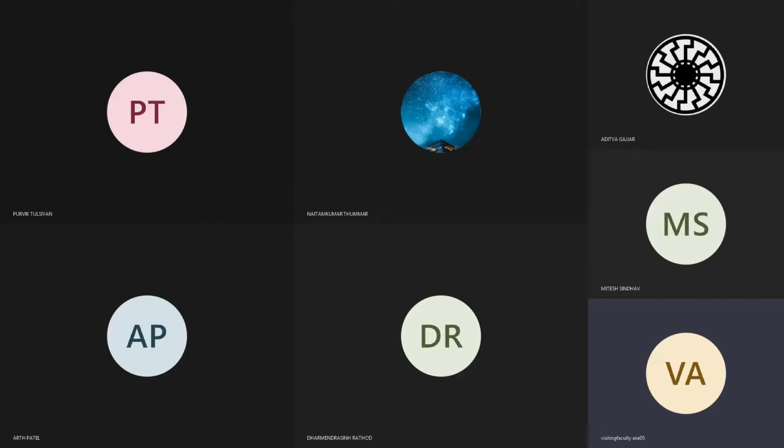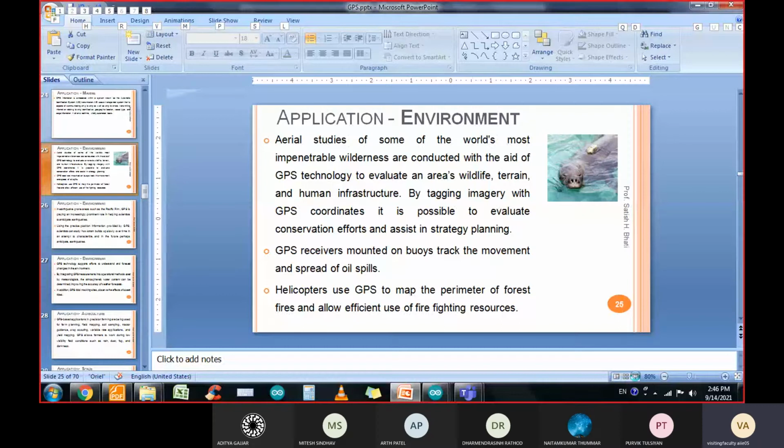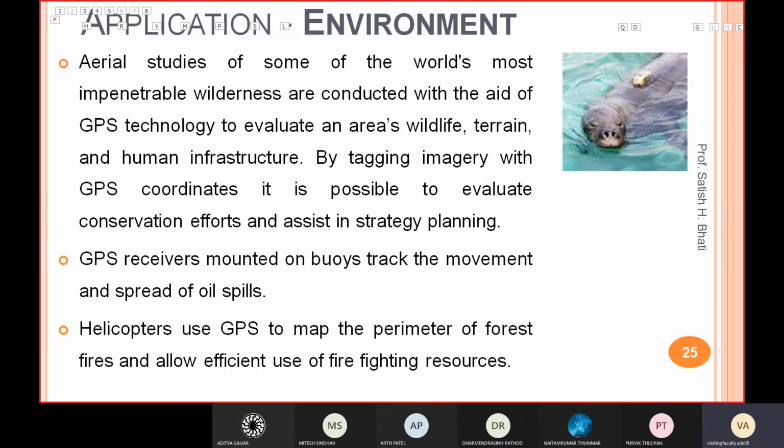To more applications of GPS, in the environment and in agriculture. In the environment, if you want to track some rare animal, you can do it.